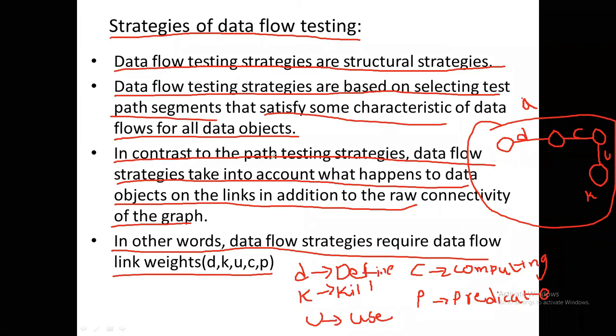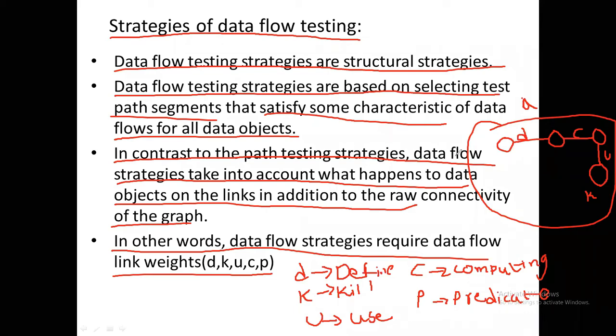In contrast to the path testing strategies, data flow strategies take into account what happens to the objects on the links in addition to the raw connectivity of the graph. In other words, data flow strategies require data flow link weights: D, K, U, C, P. So this is the example diagram, the example for data flow testing.